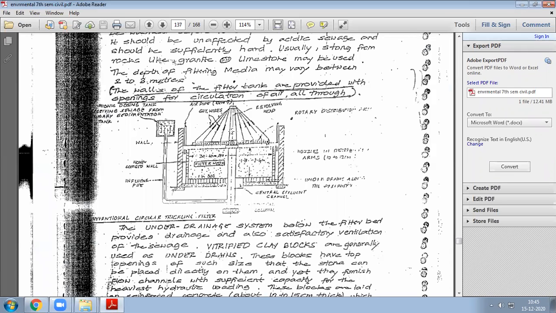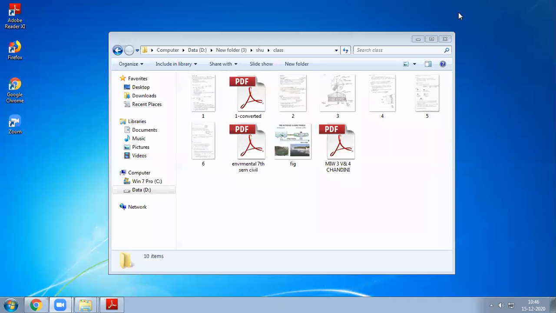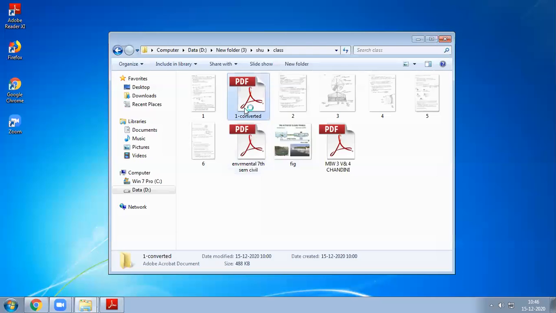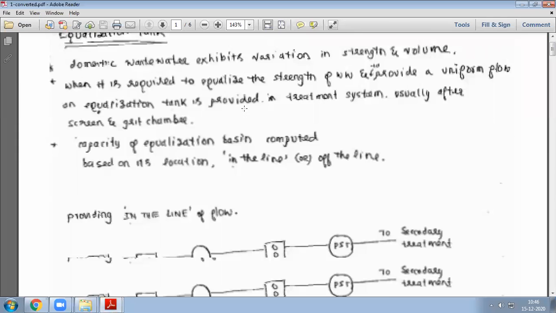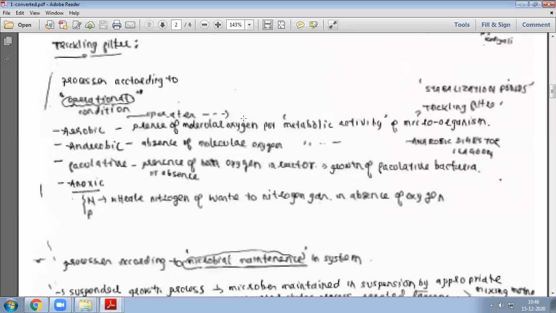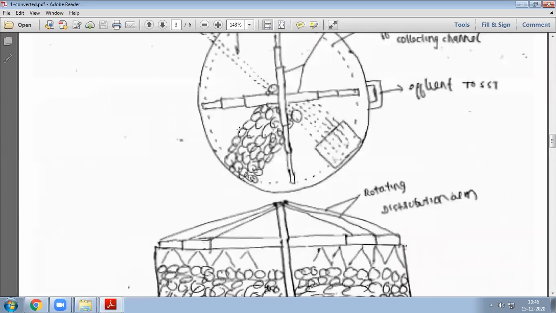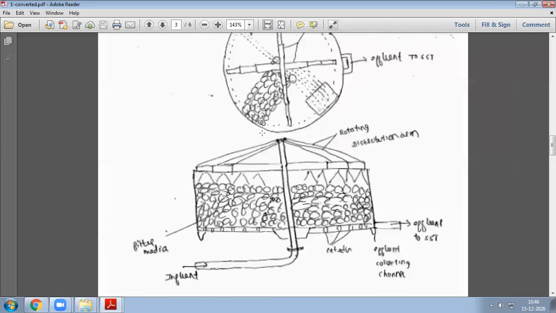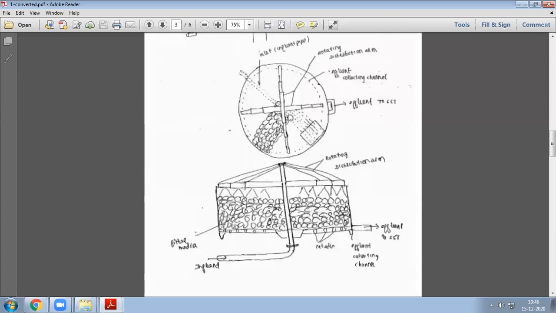This is how this trickling filter looks. I will try to share one more thing that is there in my video. This is a nice way of explaining the trickling filter. I think this is good. This is how your trickling filter looks.